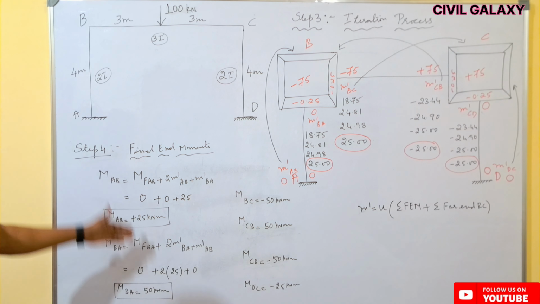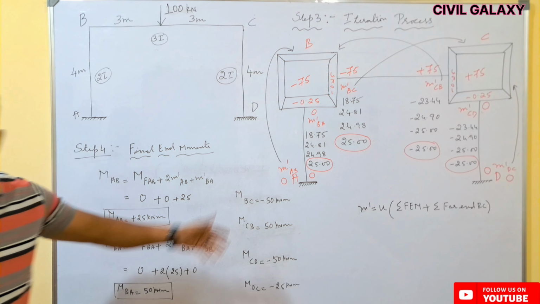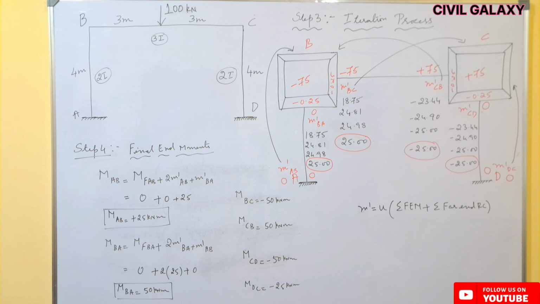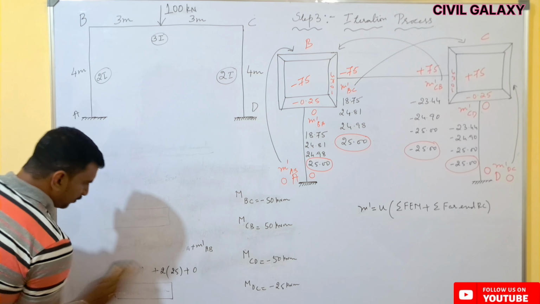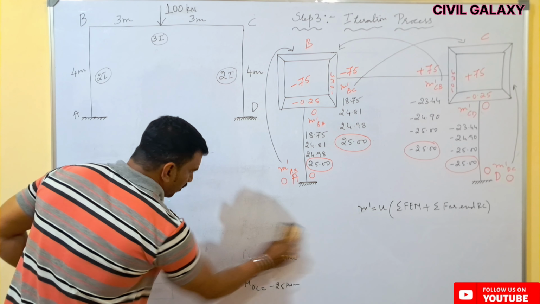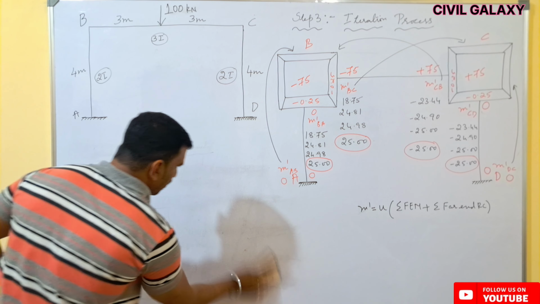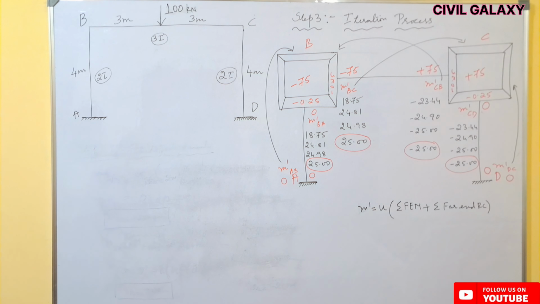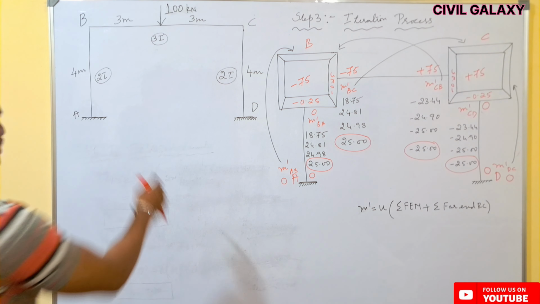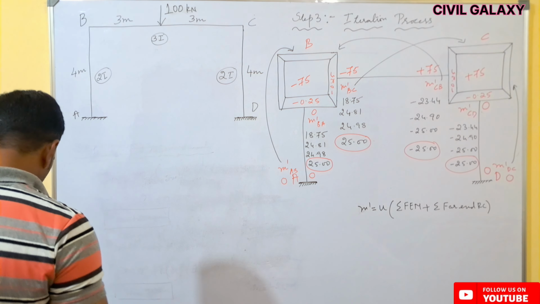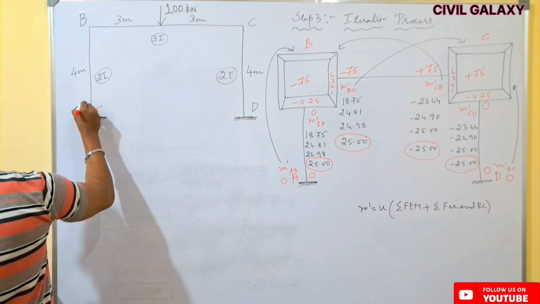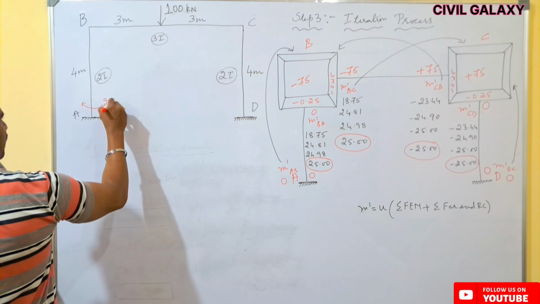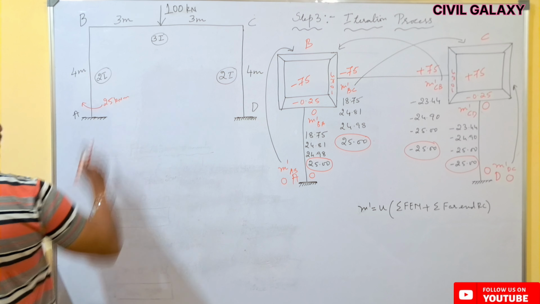Based on these values, if you want to represent the shear force diagram and the bending moment diagram, we will write over here once again. Whatever values we have got in the final end moments, if we represent them here: from A to B we have a clockwise moment of 25 kilonewton meters.